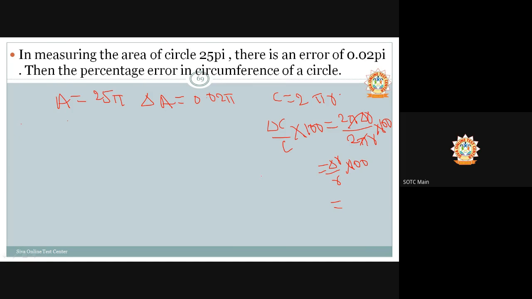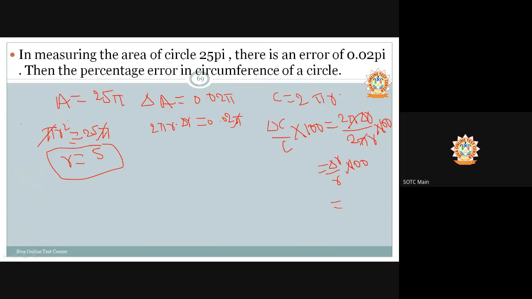So now you need to find del r and r, right? From this, what is a? A is nothing but area, that is pi r square equal to 25 pi, right? So pi will get cancelled. What will r become? 5. Very good. So r is 5. Now del a is 2 pi r into del r, that is equal to 0.02 pi.